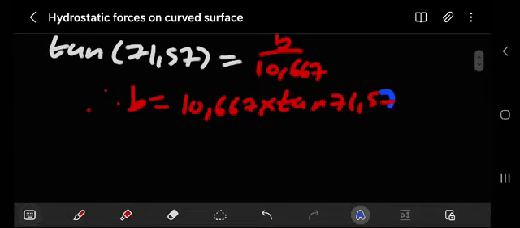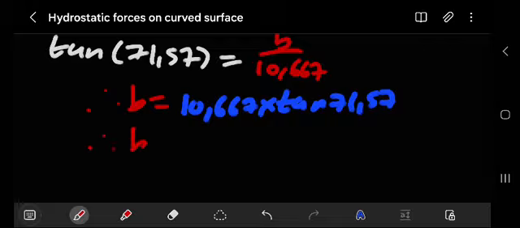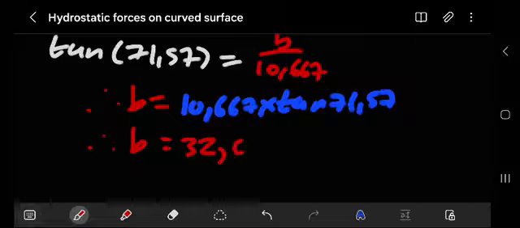Punching this, we get B. Therefore B will be 10.667 times tan 71.57, which is 32.01 meter.